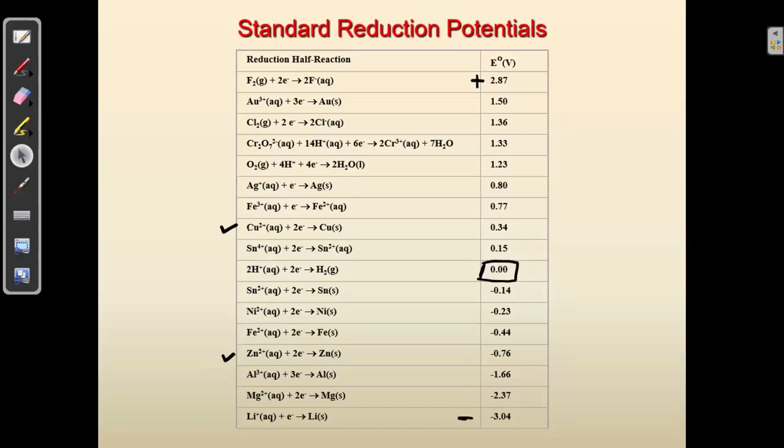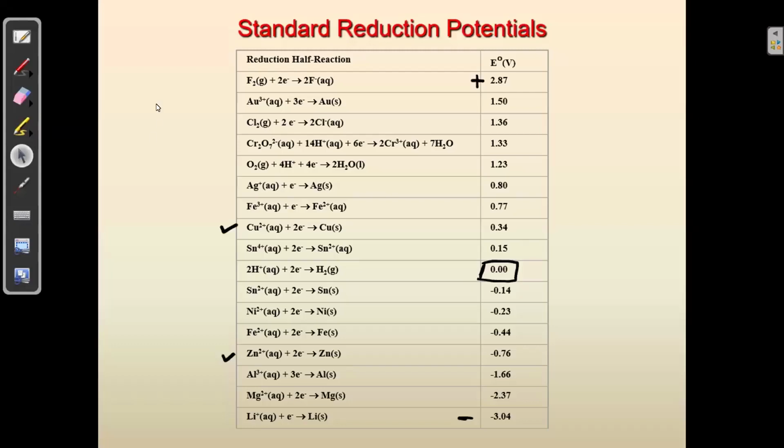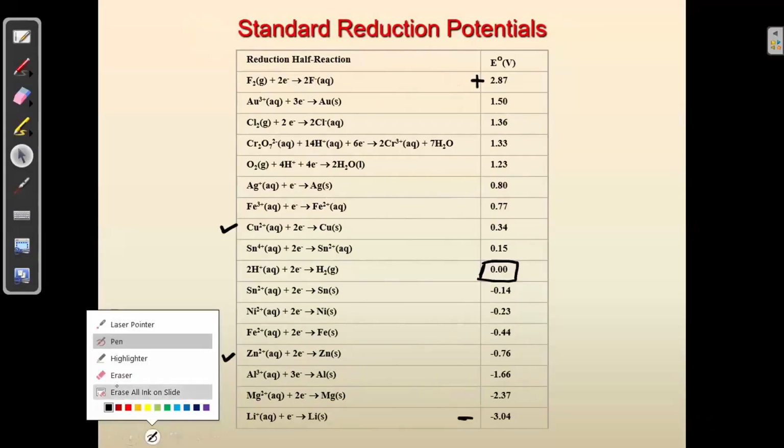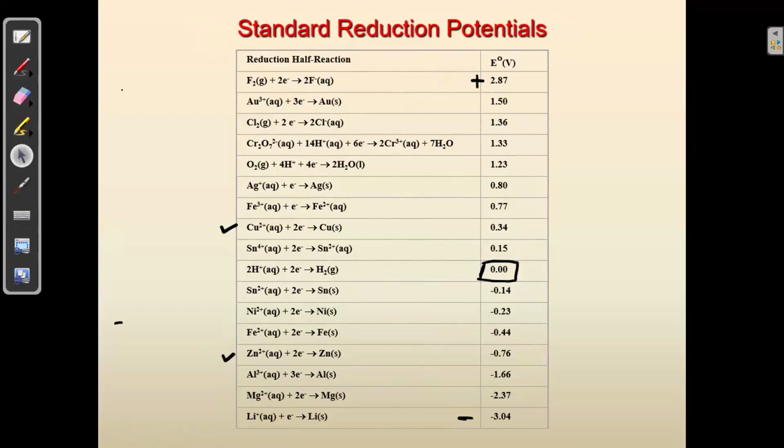Suppose we connect copper and zinc, then what will be the value? So our formula is E naught cell is equal to E cathode minus E anode.